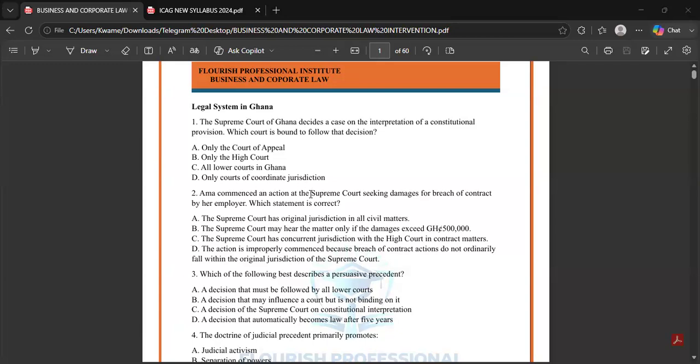The Supreme Court is the only court that can interpret the law. No matter the level of court, you don't say that as a district court you'll go to the next court above you to interpret the law. No matter the level of court, anywhere the constitution needs to be applied and there's a need for interpretation, it is only the Supreme Court that has the power to do so.